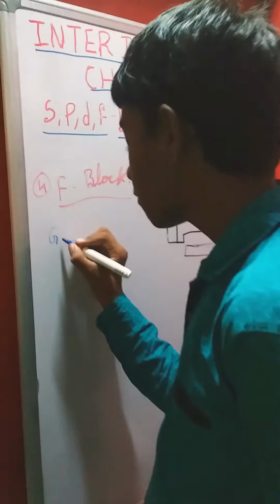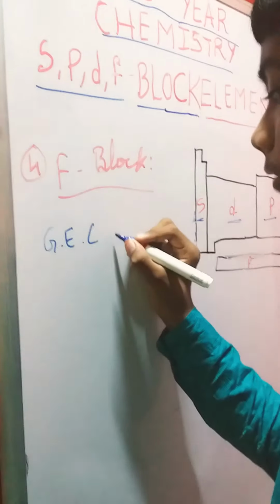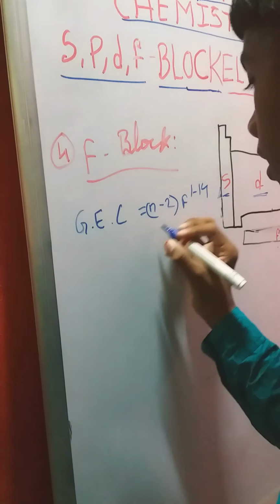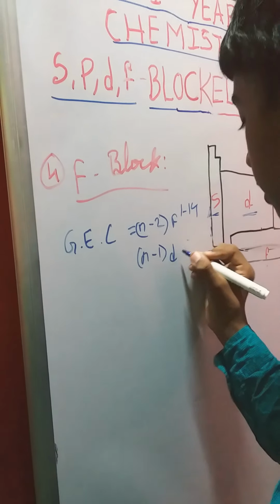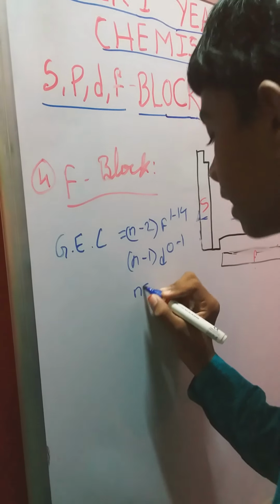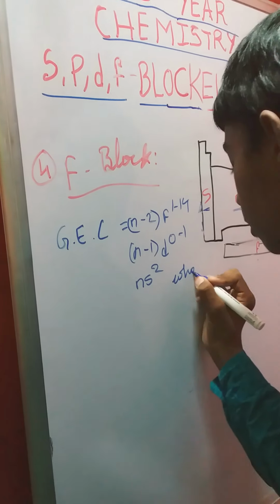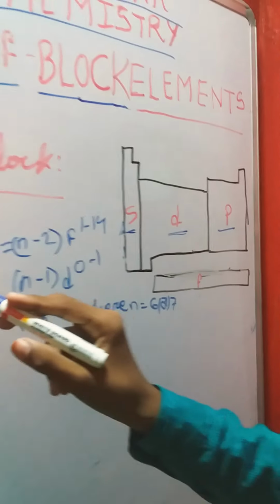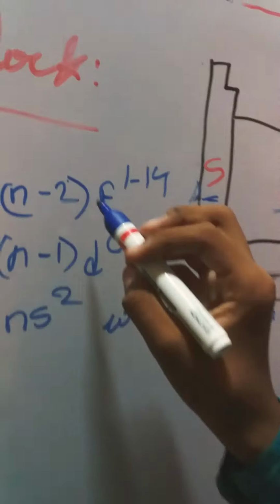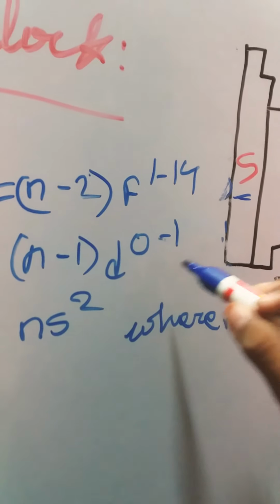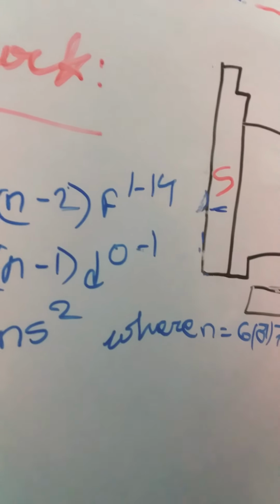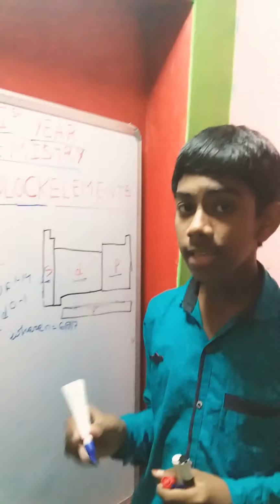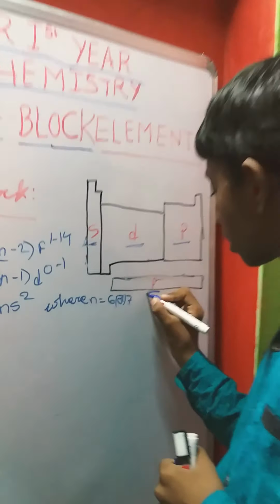The general electronic configuration is (n-2)f1 to 14 (n-1)d0 to 1 ns2, where n equals 6 or 7. These elements are placed at the bottom of the periodic table.